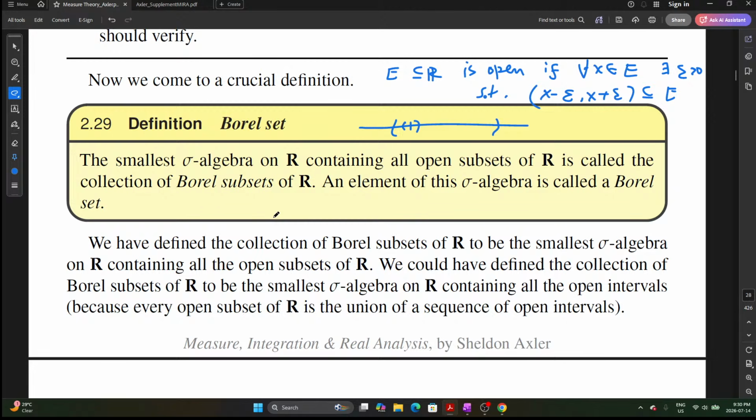Of course, if you know topology, the notion of open sets can be generalized to topological spaces.